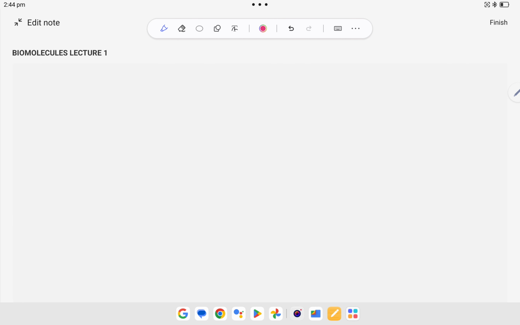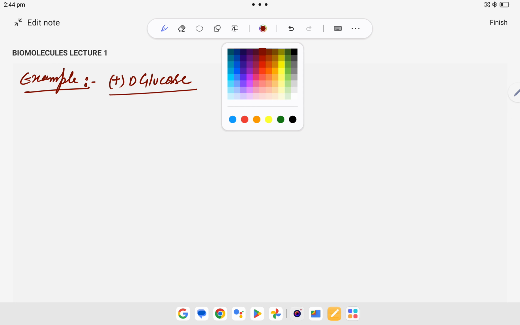In the case of example, plus D glucose. What is the meaning of everything here?